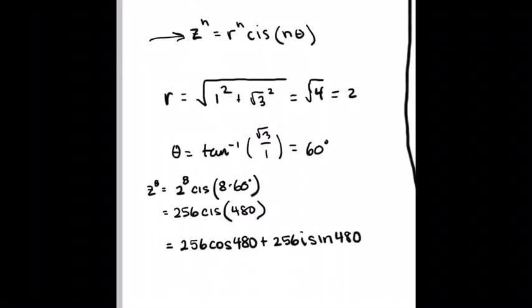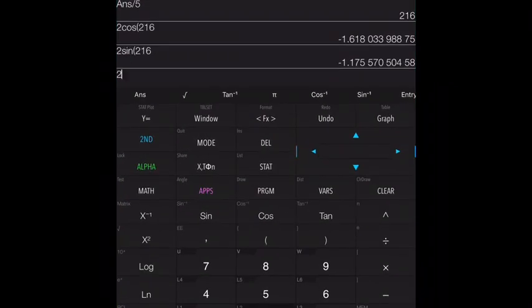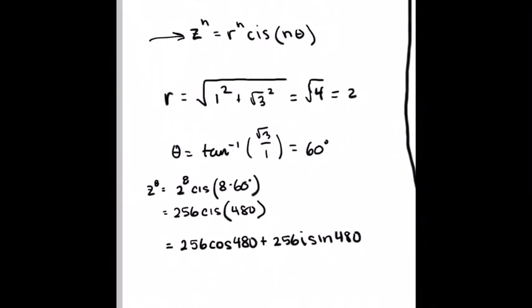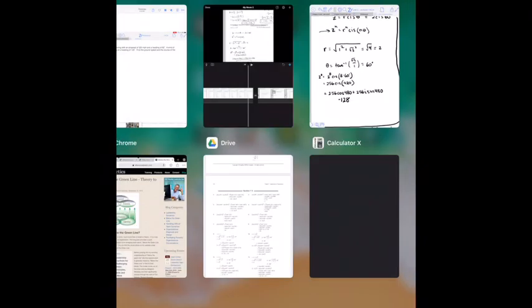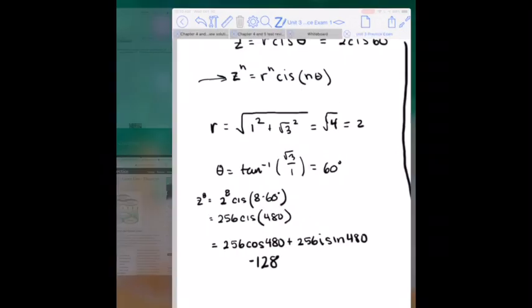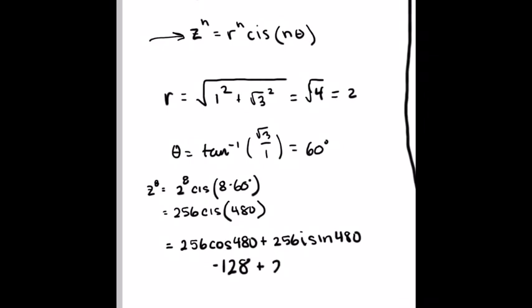So we just need to figure out now what the cosine of 480 and the sine of 480 are. That's negative 128. That's 221.7.